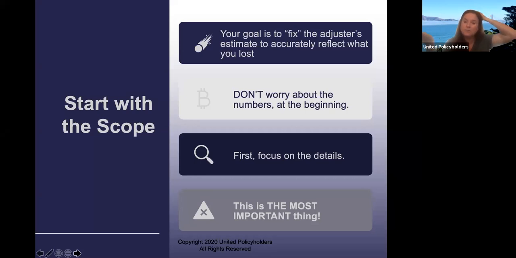Well, a lot of times the adjuster can't compare their estimate with your contractor's estimate if you're talking about two different houses. So if theirs isn't correct, then they don't have any basis for comparison with what your contractor turned in.